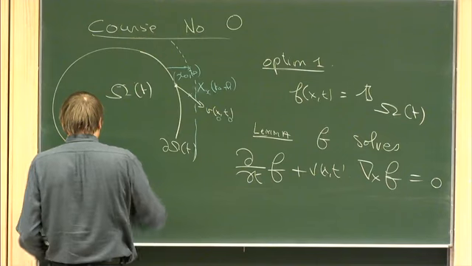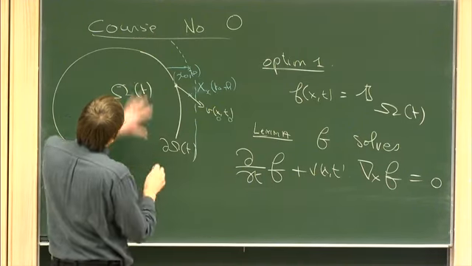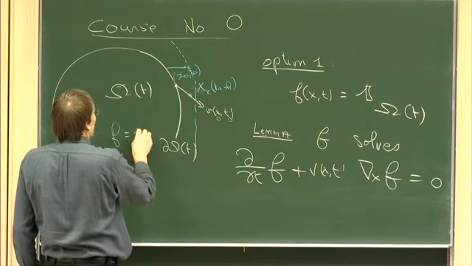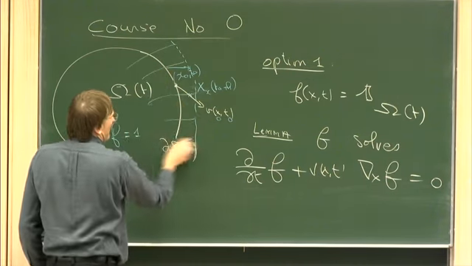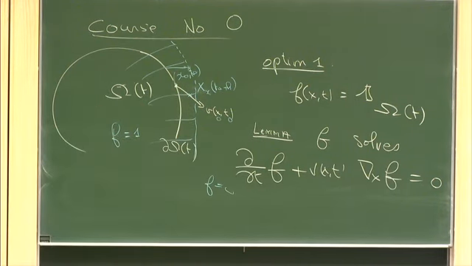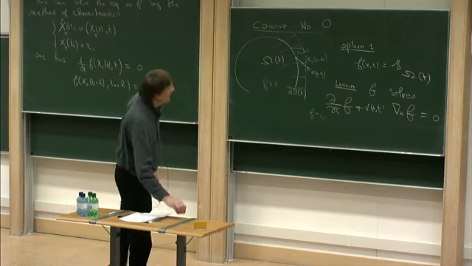So the function which was 1 here, 0 outside, becomes f equal 1 in this zone and f equals 0 outside. And so you have moved exactly according to the rule which was given here.